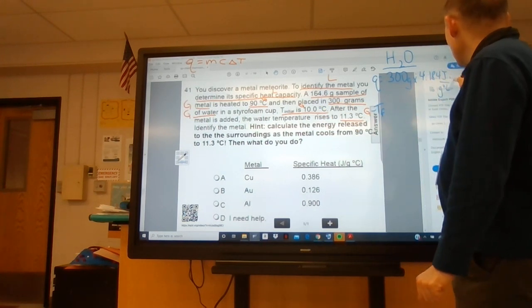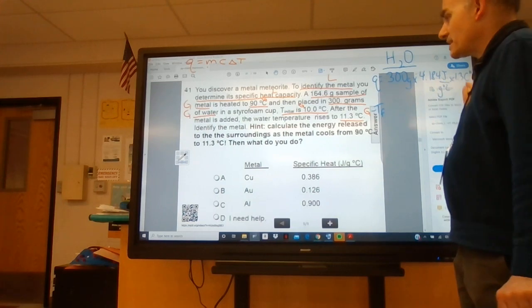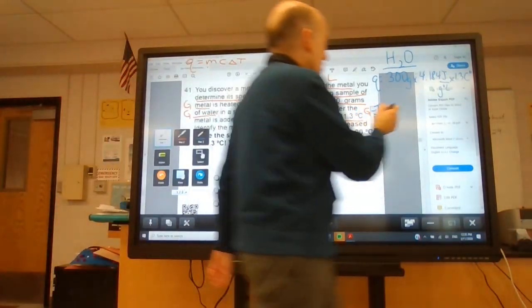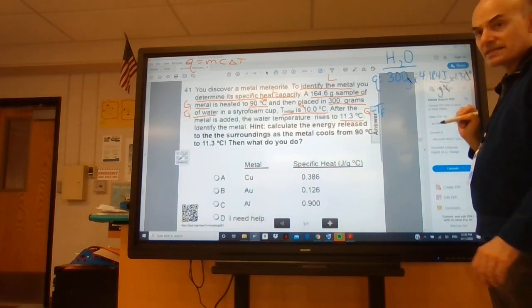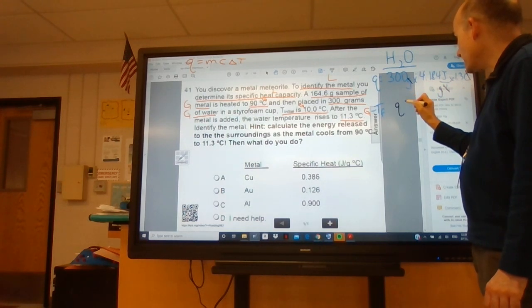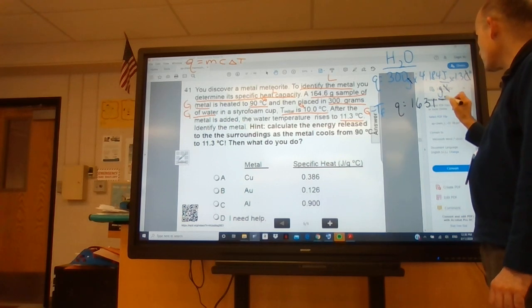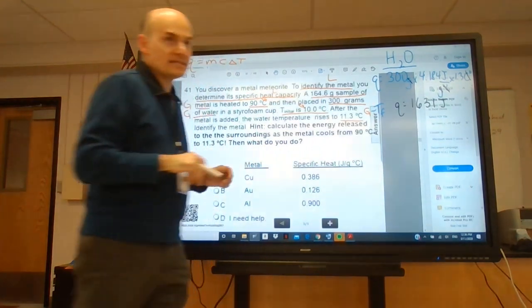So that's just going to be 1.3 centigrade degrees. The grams cancel, the degrees Celsius cancel, and if you put this in your calculator, we're left with 1,631 joules.